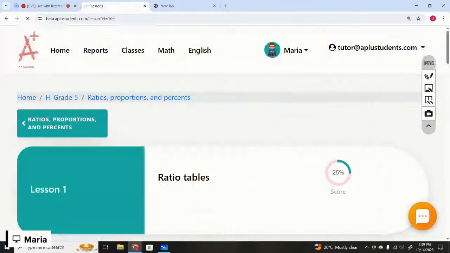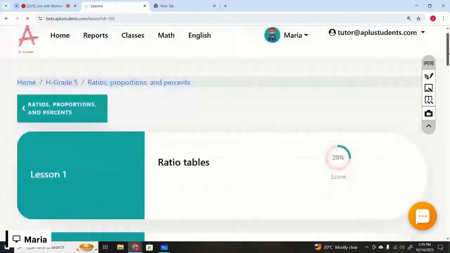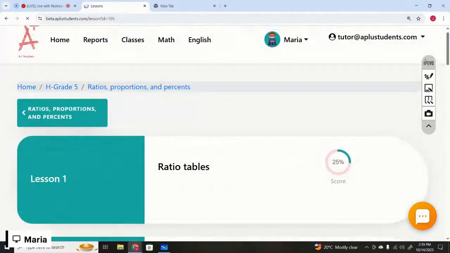So, okay, grade 5 math. Chapter 5 we're working on is ratios, proportions, and percents.